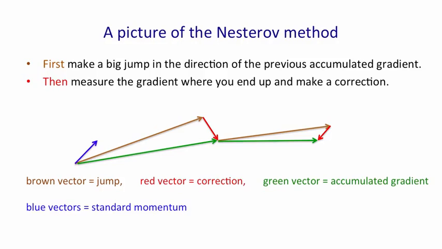So it measures the gradient at its current location, and it adds that to the brown vector so that it makes a jump like this big blue vector. That's just the brown vector plus the current gradient. It turns out, if you're going to gamble, it's much better to gamble and then make a correction than to make a correction and then gamble.